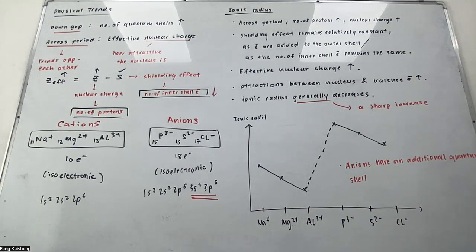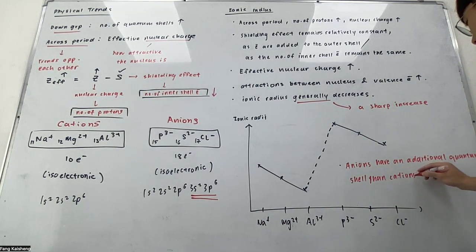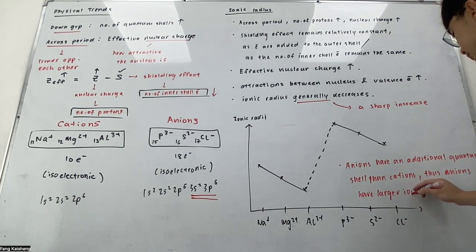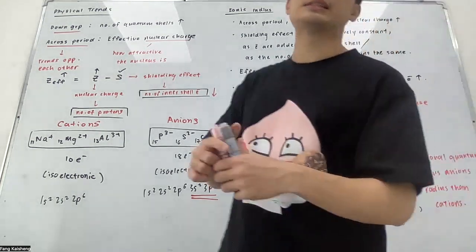Since you have an additional quantum shell, it means you have a larger ionic radius, right? Okay, does this make sense?